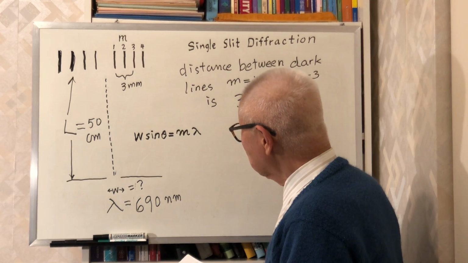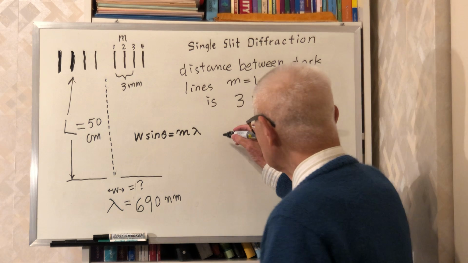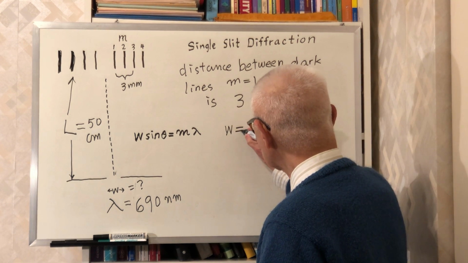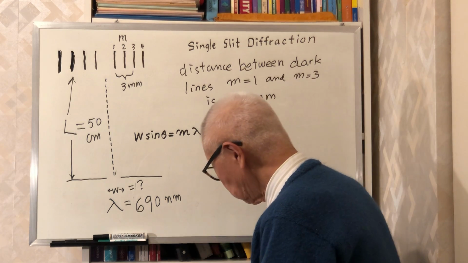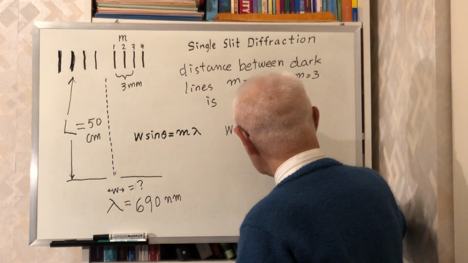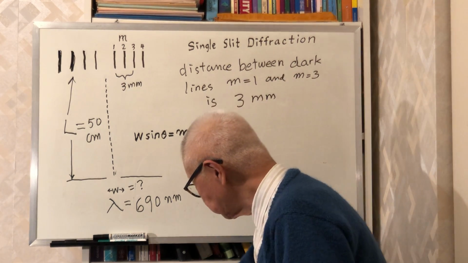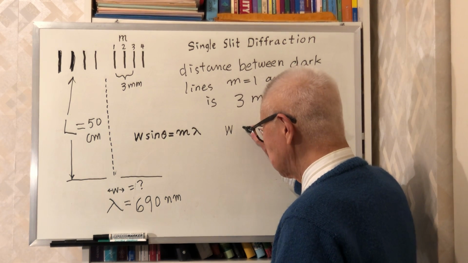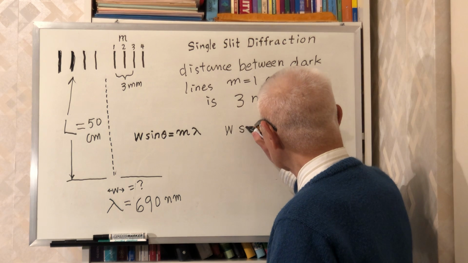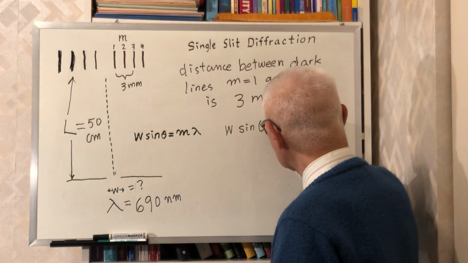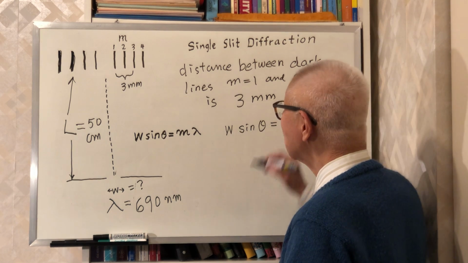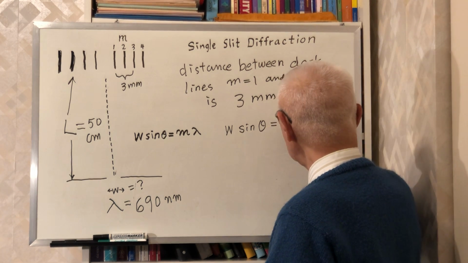W is not known. So W times sine theta is equal to m lambda.